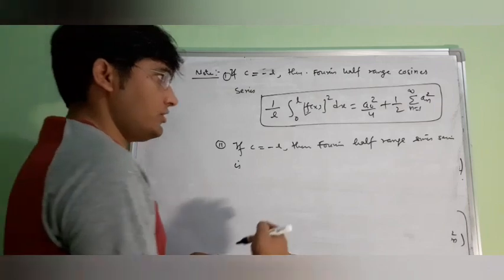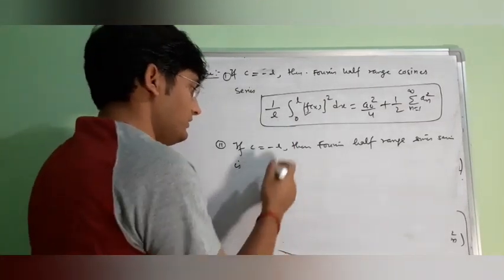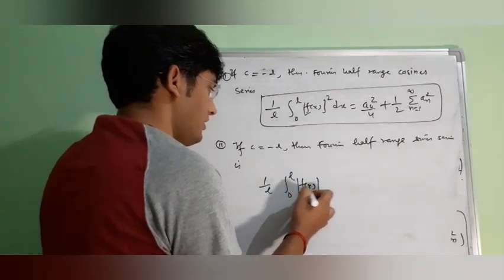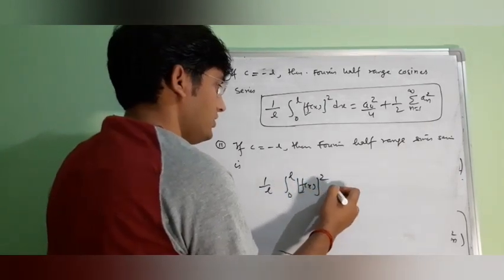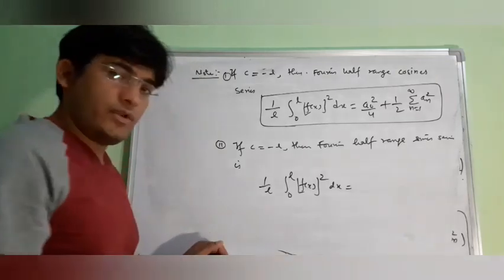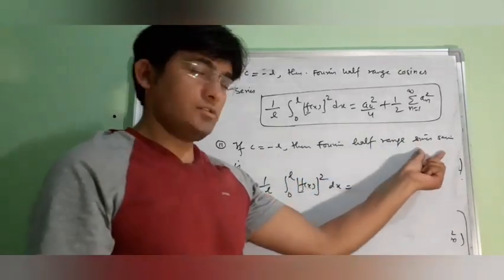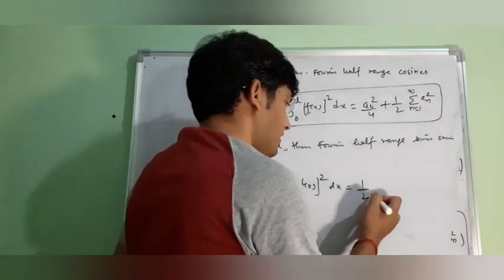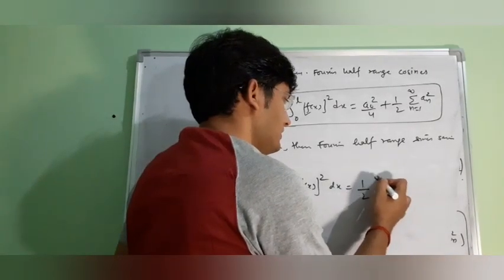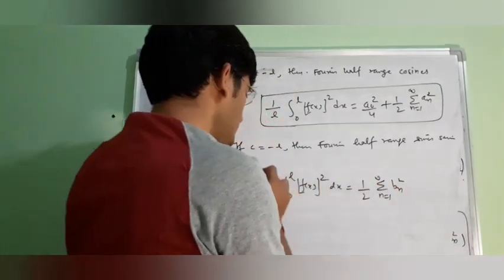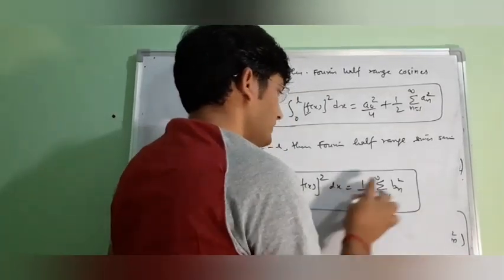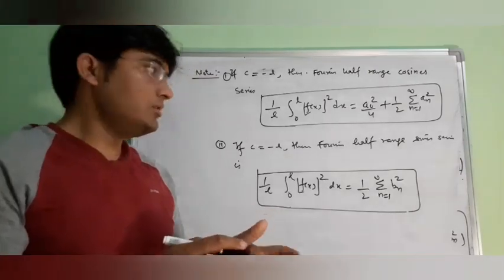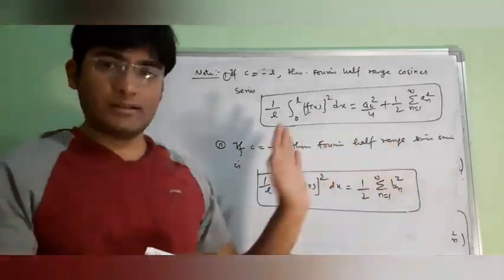Now for the Fourier half range sine series, again the left hand side will be 1 by l integral of f(x) whole square dx. Now as we have to compute the half range sine series, our a0 and a_n will be 0. So on the right hand side we will have half summation b_n square. So this will be your Parseval identity when the function is odd, or you can say when we have to compute the half range sine series.